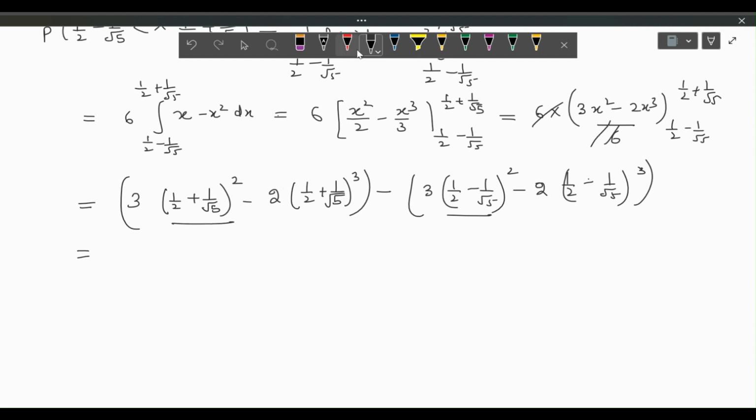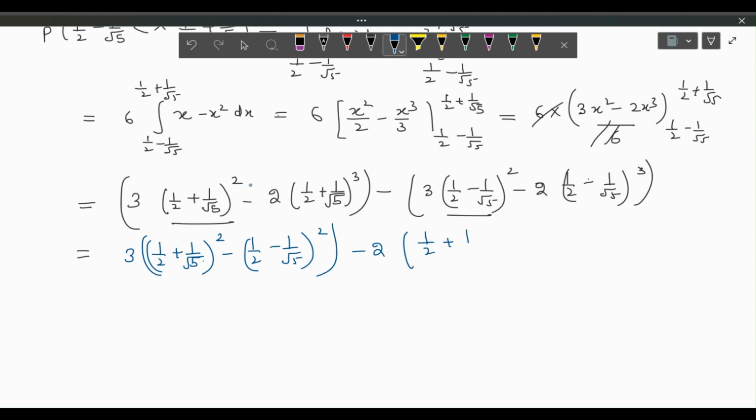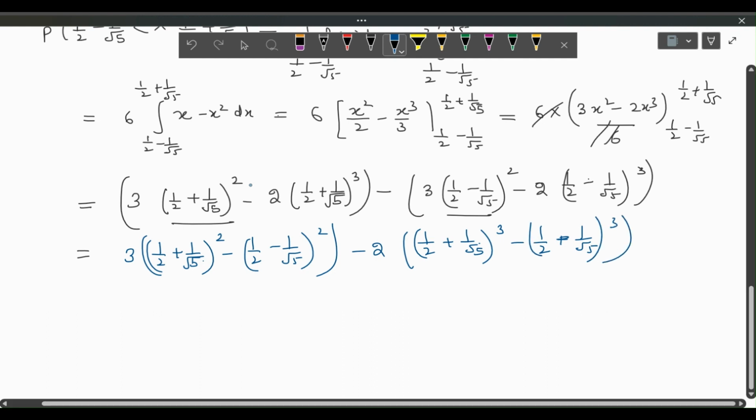So this value is: 3 is constant, common, (1/2 plus 1/√5) square minus (1/2 minus 1/√5) square, minus 2, taking minus 2 common, (1/2 plus 1/√5) cube minus (1/2 minus 1/√5) cube.